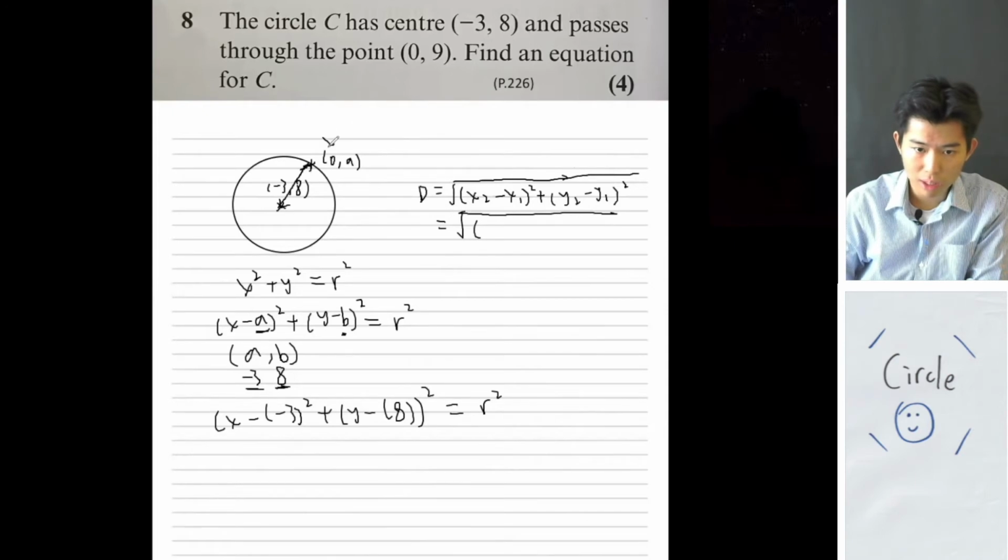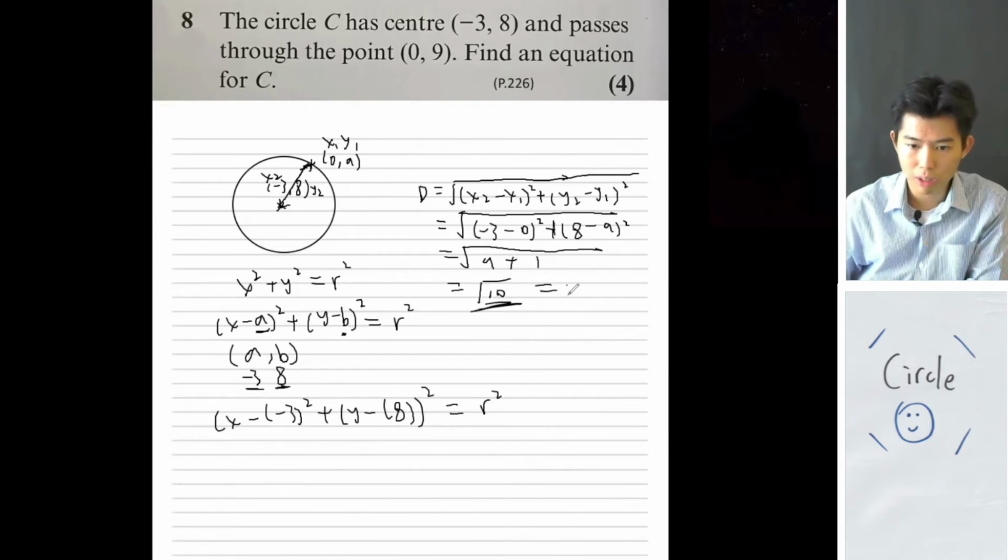Let's say this one is x1, y1, and this is x2, y2, okay? x2 minus x1 will be minus 3 minus 0, squared, plus y2 minus y1, which is 8 minus 9, squared. That equals minus 3 squared, which is 9, plus 8 minus 9, which is minus 1 squared, which is 1. So it will be root 10. This one here should be r. Therefore, r squared here would be 10.